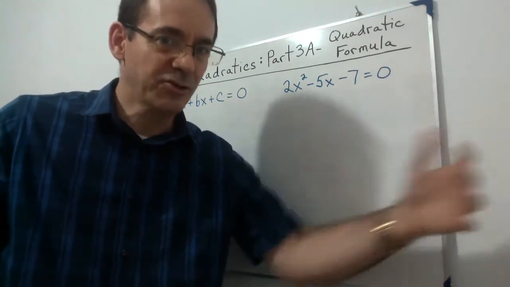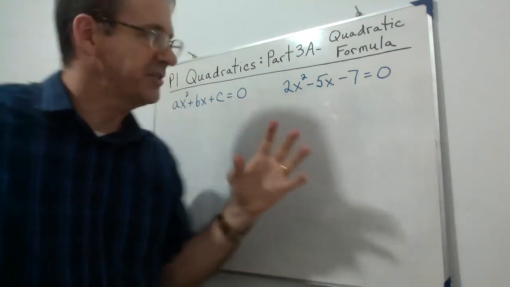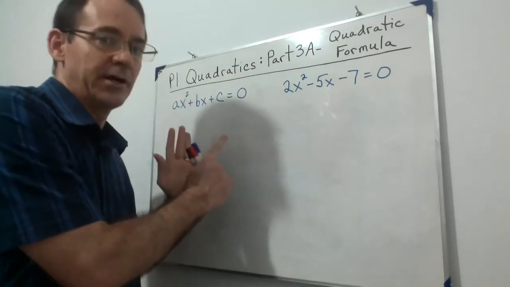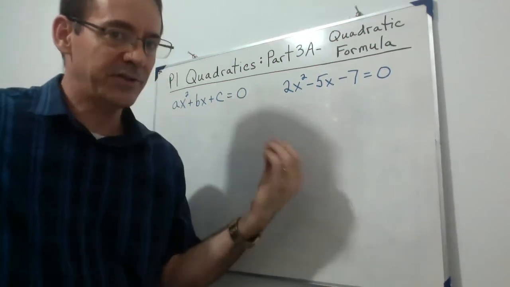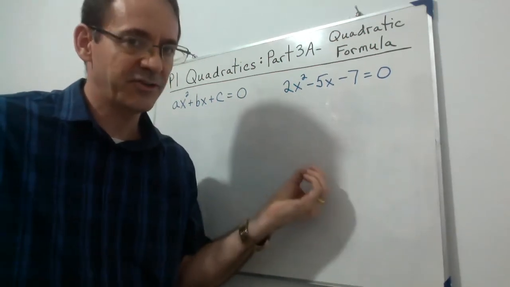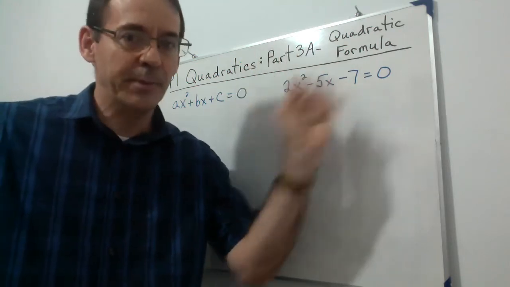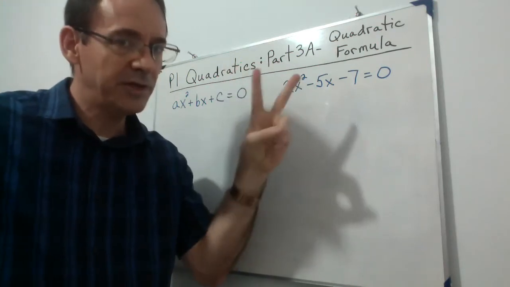I'll wait to explain it, but there is an application, and for the application, you either have to use the discriminant from the quadratic formula, or you're going to have to use the equivalent of the discriminant from the new method. Okay, so part 3A, part 3B, two different methods.